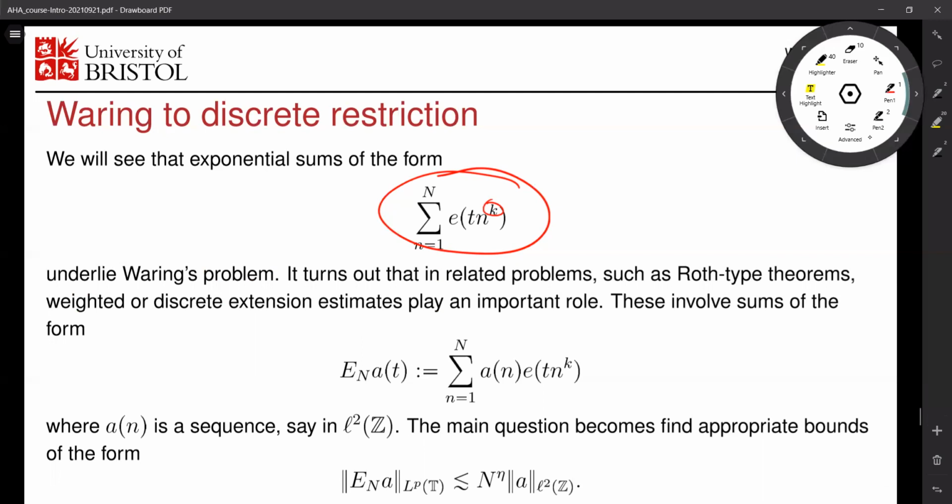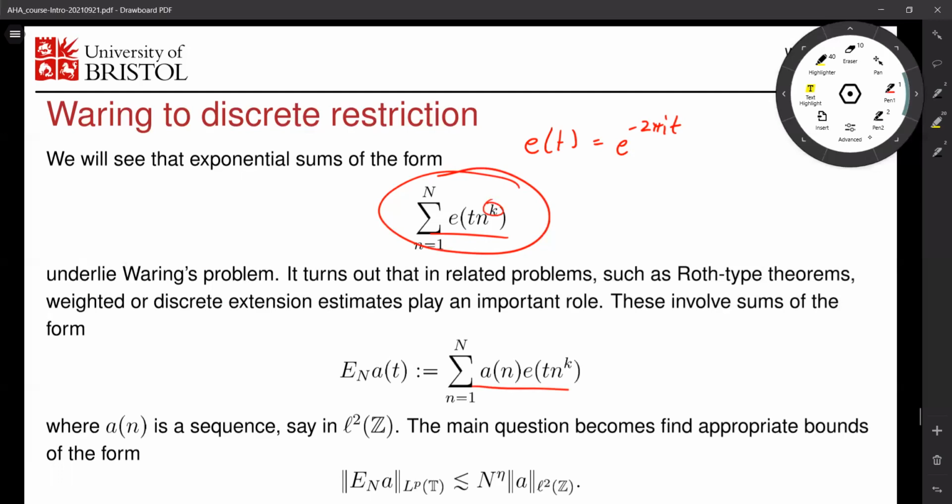And those take the shape where instead of just having, I never said this and nobody stopped me, e(t) is defined as e to the minus 2 pi i t, right? So you take some sequence a, suppose it's finite if you want, or it's just lying in L2 of Z, and you form the weighted exponential sum by sticking it in front of your character.